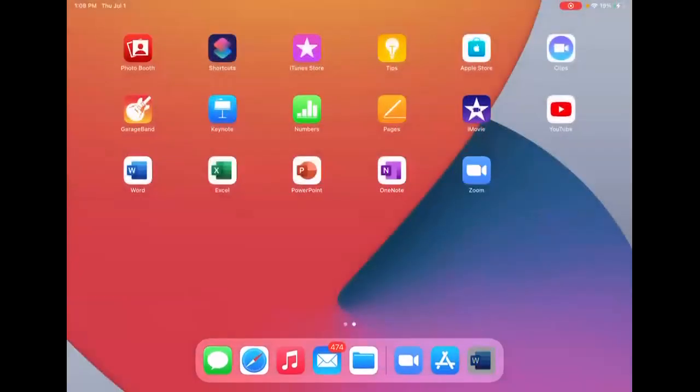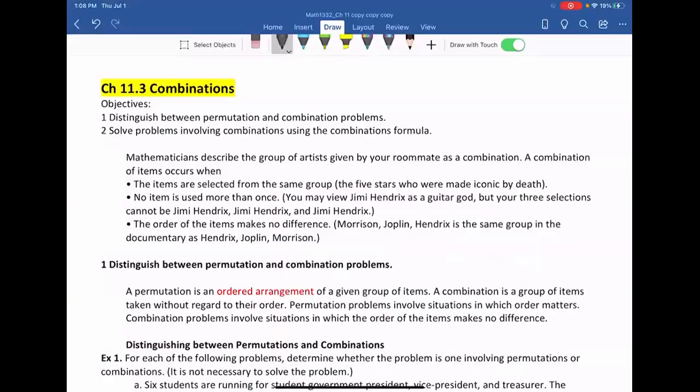In this video, we will learn chapter 11.3, combinations. Last class, we learned about permutation. That means we choose R items from N items, and we need to arrange the order of the R items.